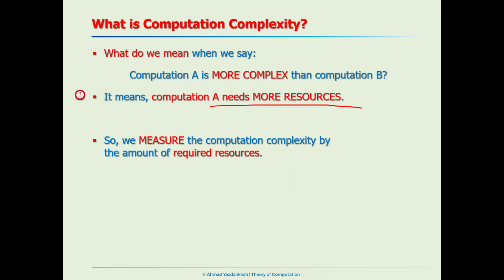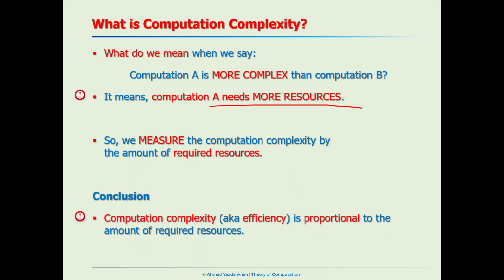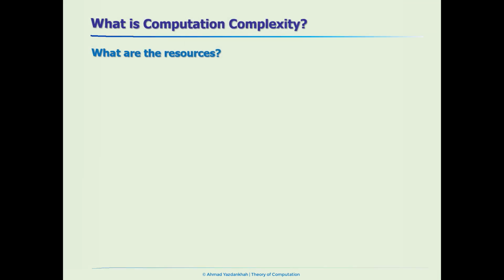So here is the conclusion of our discussion so far. Computation complexity, or efficiency, is the same thing, and is proportional to the amount of required resources. Now naturally you can ask, what are these resources? That's a good question.